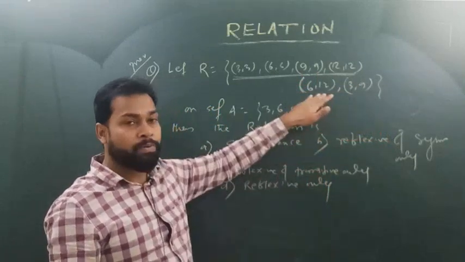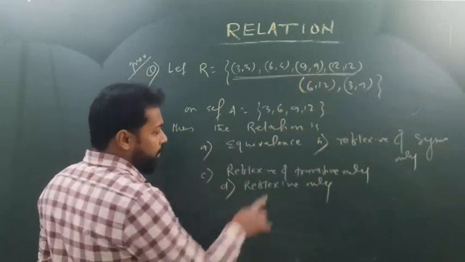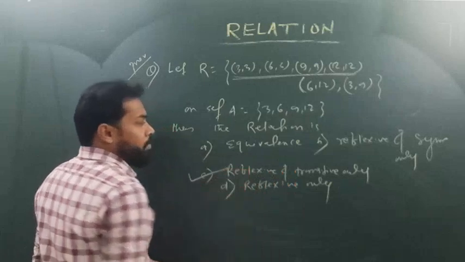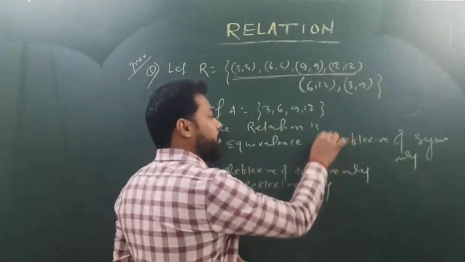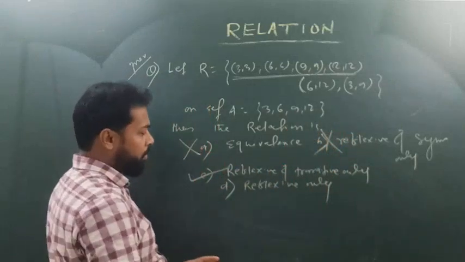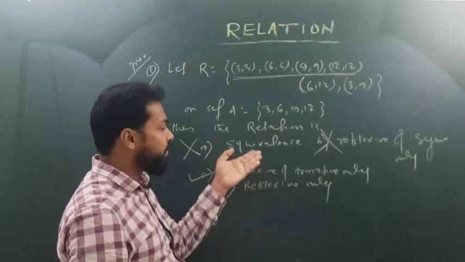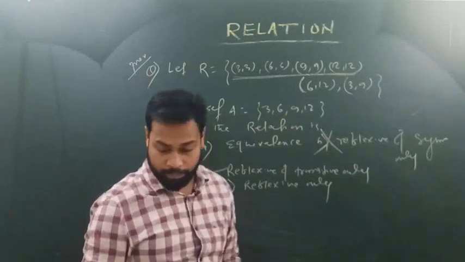But here we have to take it as a transitive relation. So this is reflexive and transitive. So option C is the correct option because this is not symmetric. So equivalence is incorrect, and reflexive only is also incorrect. So option C is the correct option.